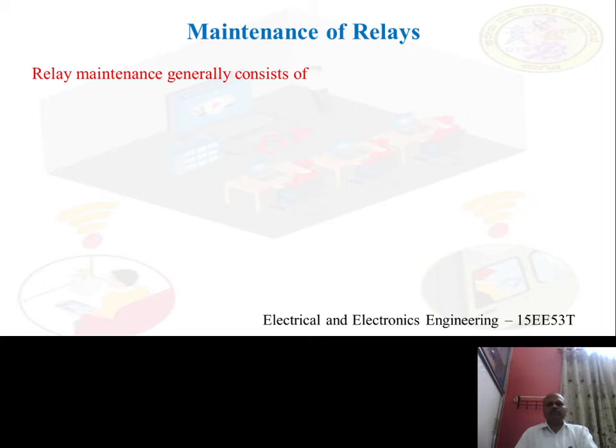Polluted atmosphere affects the relay contacts, relay parts. Dust affects insulation and rotating system. Insects and vermin affect its operation. Therefore, switchgear room should be dust and vermin proof.